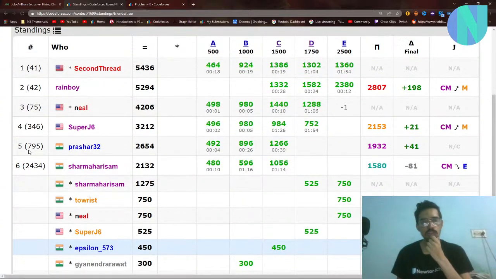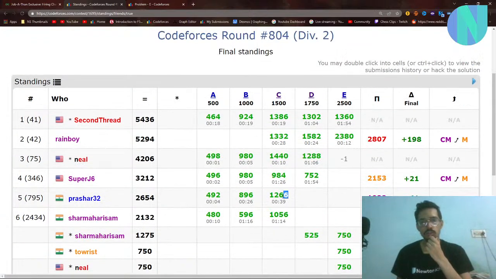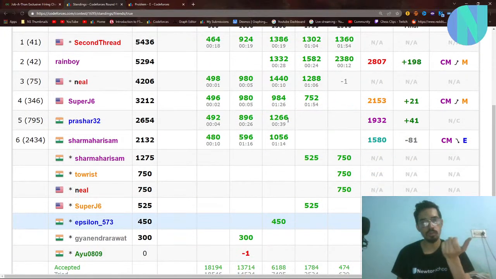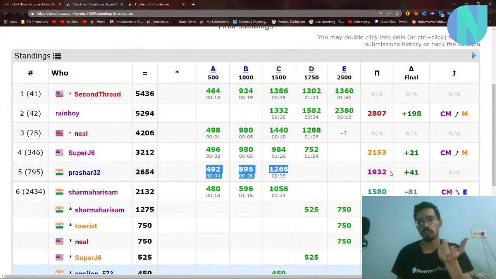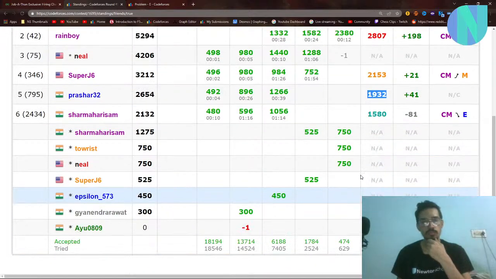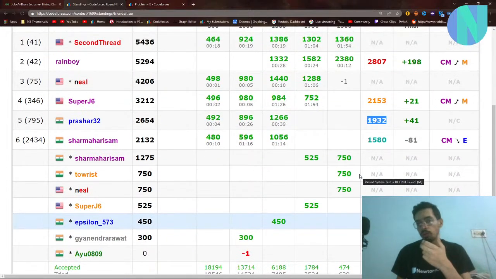You can see his rank is 800, and he solved the third problem very fast. He only solved 3 problems, and just solving 3 problems is more than enough. He had around a CM rating in this contest. So even if you solve only 3 problems, but you do them fast, you should be able to reach a very good rating.